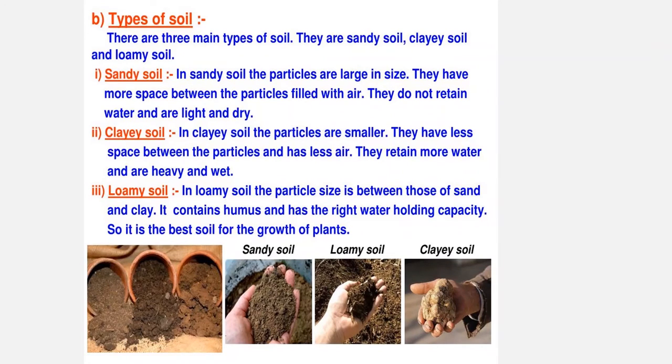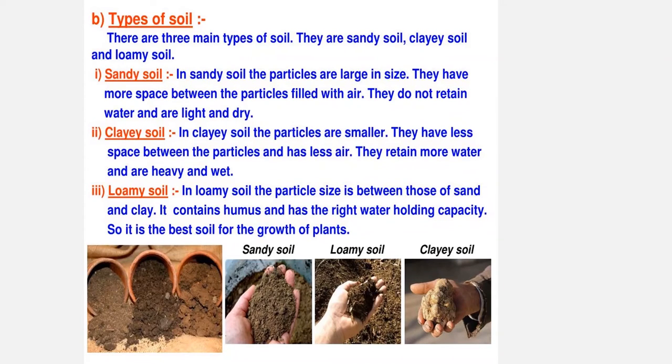Sandy soil does not have any water holding capacity and is light and dry, like sea soil, the beach sand. Clayey soil is thick and heavy in nature and can retain water, as in paddy fields. And loamy soil is the best soil suitable for the growth of plants.